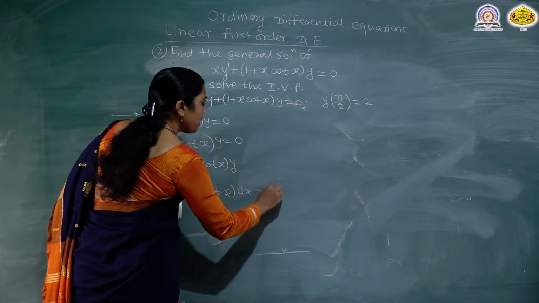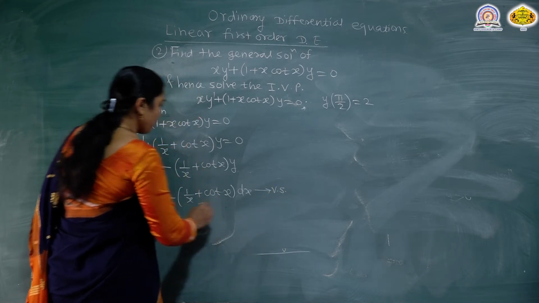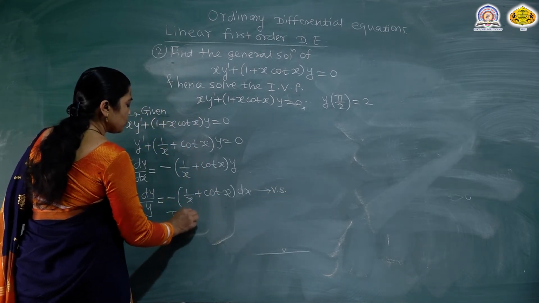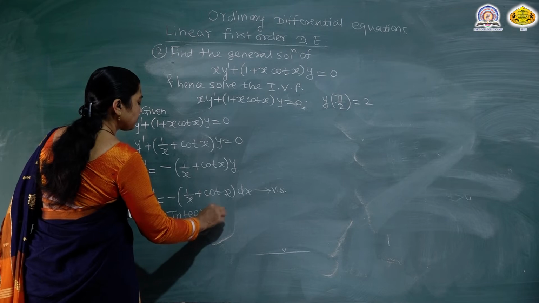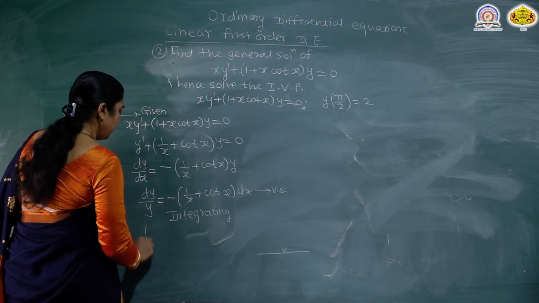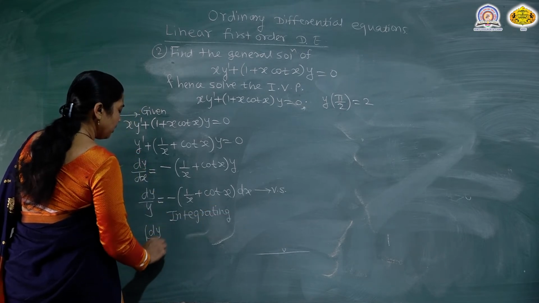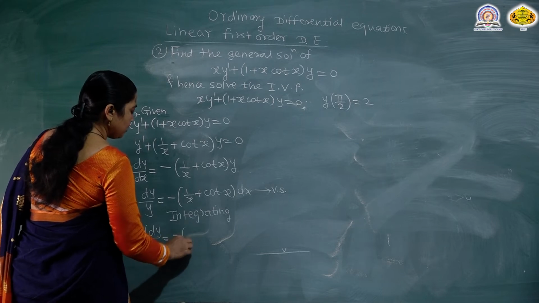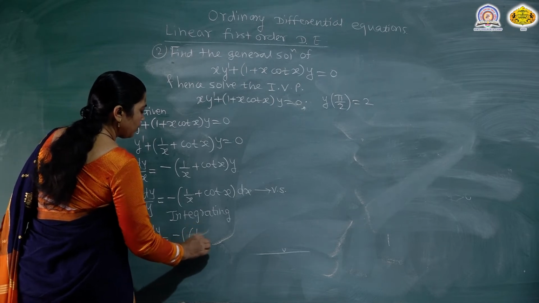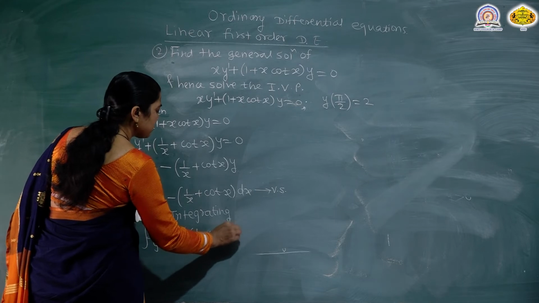Once we get variable separable form, integrate that. So, integrating we get integral dy upon y is equal to minus integral 1 upon x plus cot x dx.